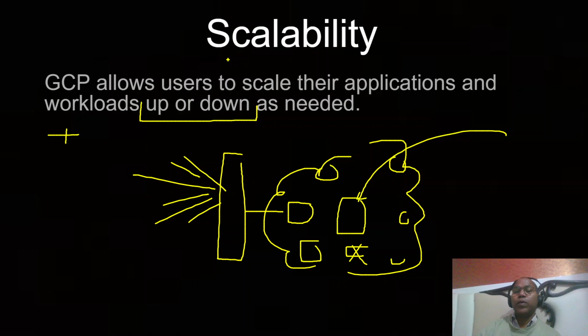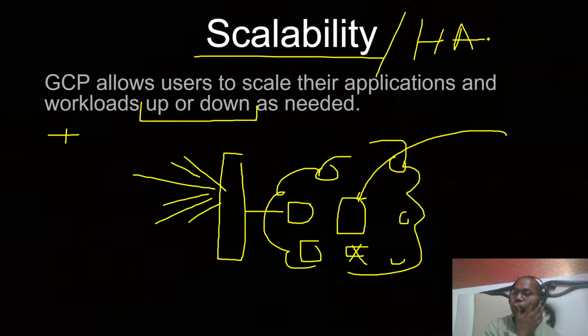So along with scalability, our application automatically gets high availability, meaning it is always available to every customer in every zone. We just have to tell GCP that we need these services to be highly available and scalable as well. Both are offered.